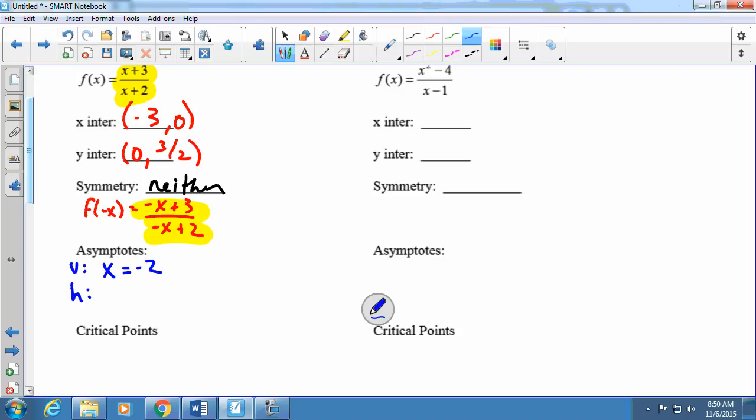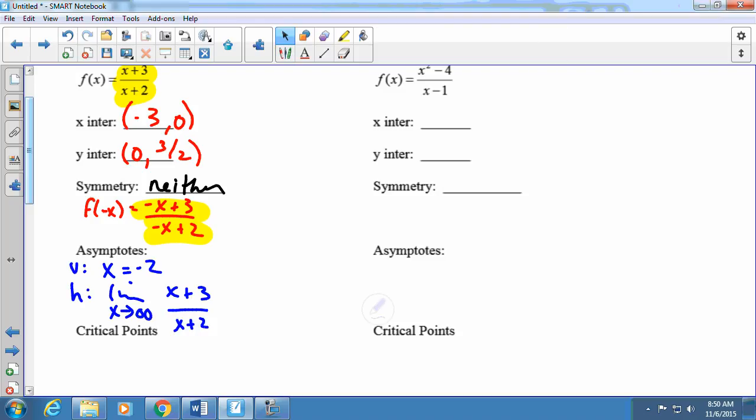Okay, tell me about my horizontal. Oh, wait a minute. How do I know that I don't have a slant asymptote? I check my powers and they're the same. So I know it's horizontal and you'll have to find it. So to find it, I take the limit as my x gets super large of x plus 3 over x plus 2.